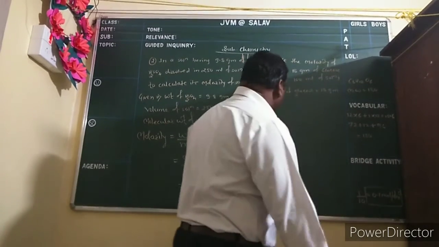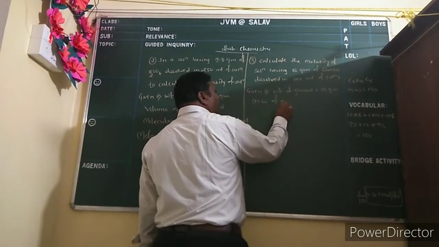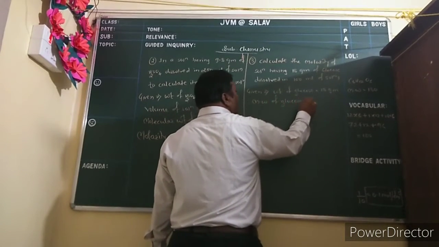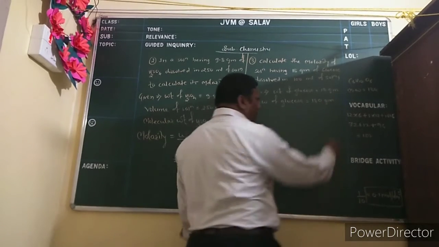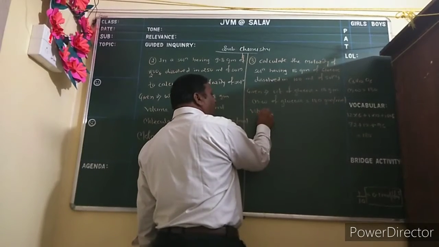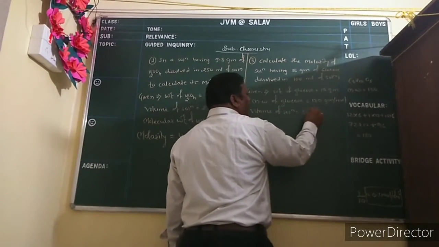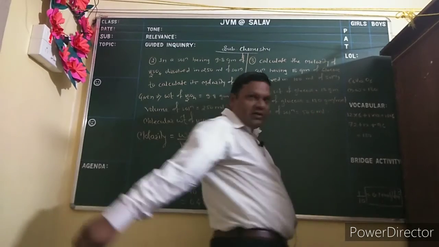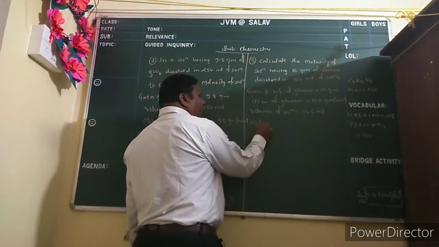Okay. Now we write here molecular weight of glucose, it is 180 gram per mole, and volume is already given. Volume of solution is given. How much is it? 500 ml. Correct? Then put up this formula.